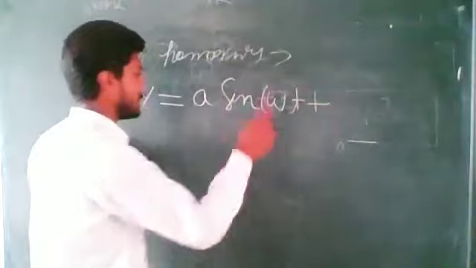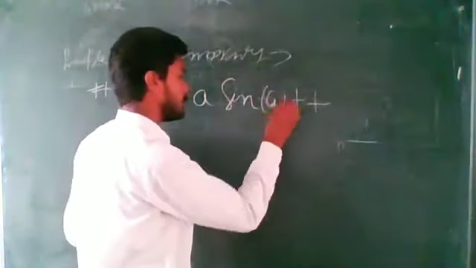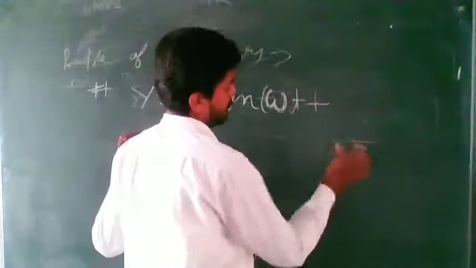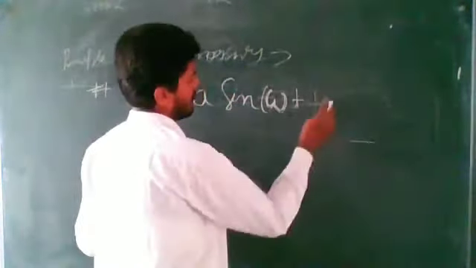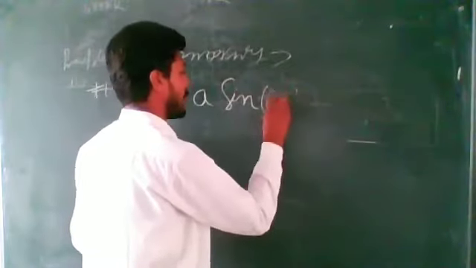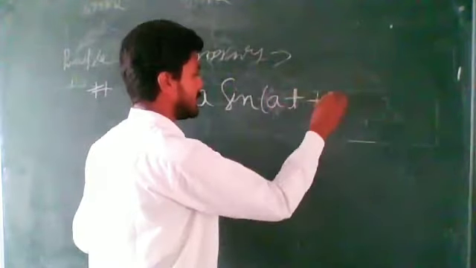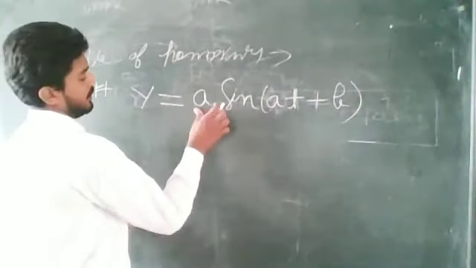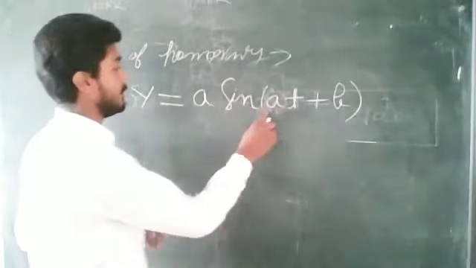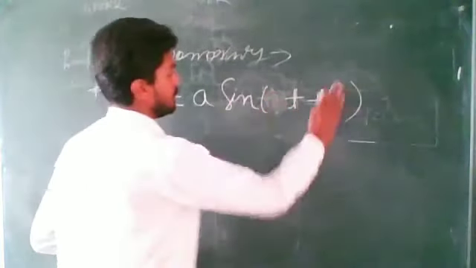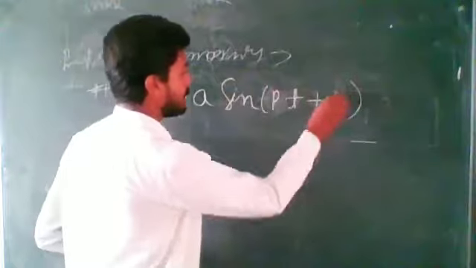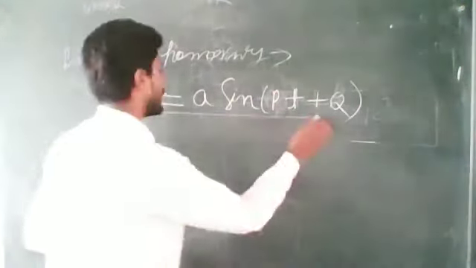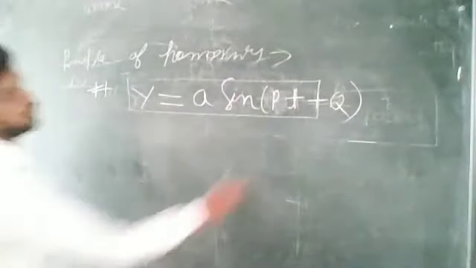This is omega, not W. I'm writing here y is equal to A sine pt plus Q. Okay? I have an equation y is equal to A sine PT plus Q.